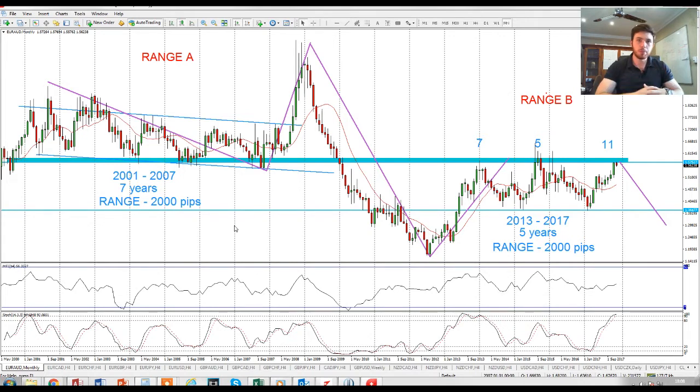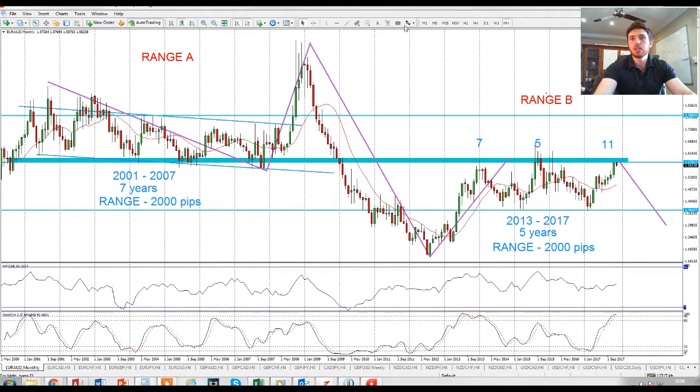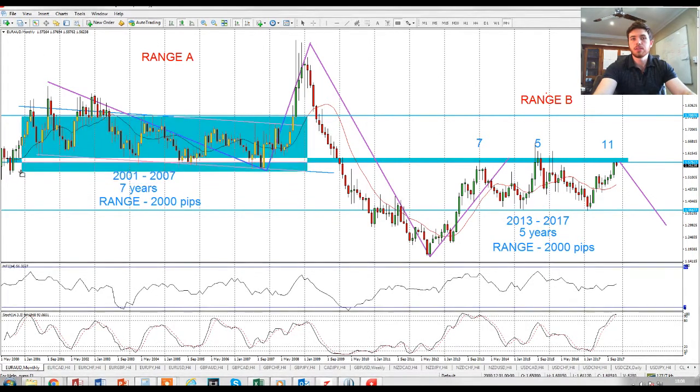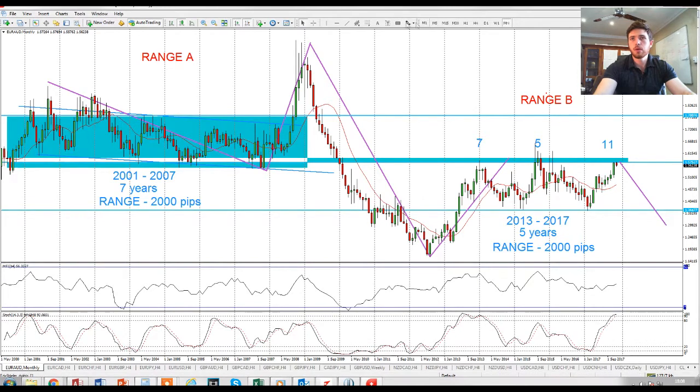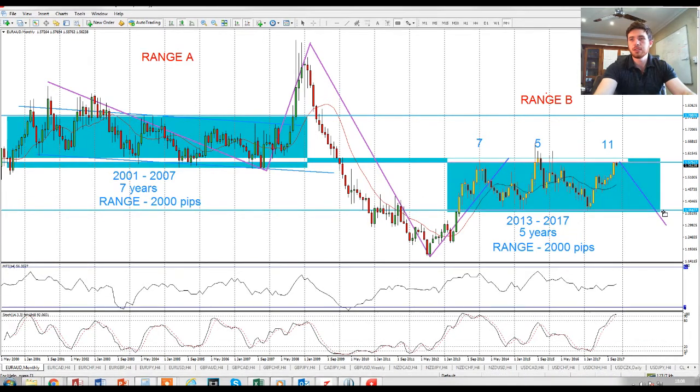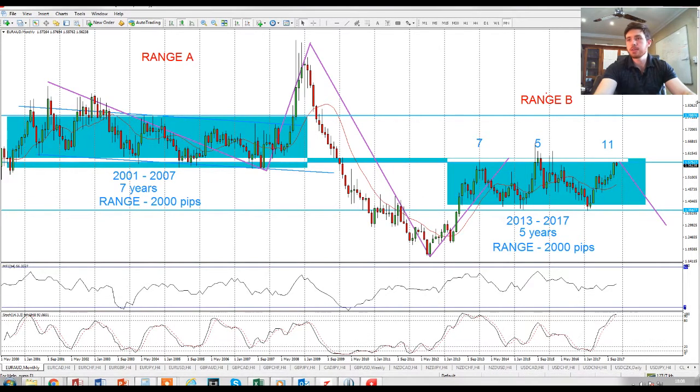But the big point is that obviously this previous range, range A, you can see on the left-hand side, is a strong point of price action. So if I use a simple example here, and we have a look at how price has moved from this level down into this level, you can see that there is an opportunity for price in the future to move back up into this previous range.